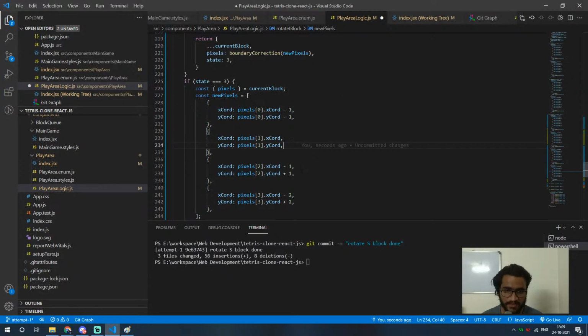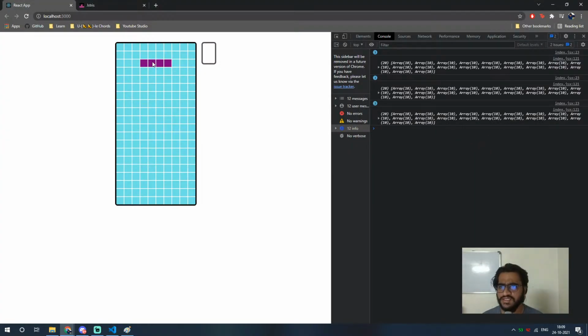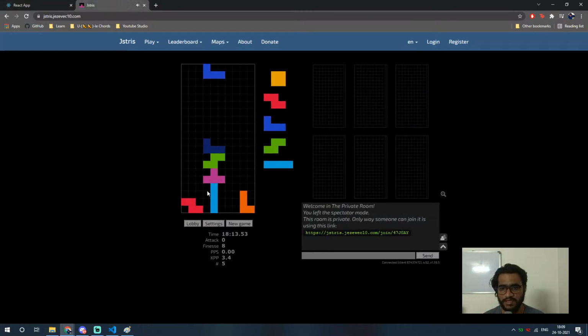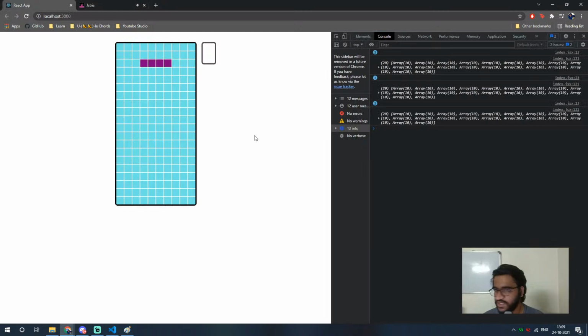I said that the anchor pixel would change, but I think that would be wrong as per what we observed here. You can do one thing: rather than calculating each coordinate, you can reverse to the original state.